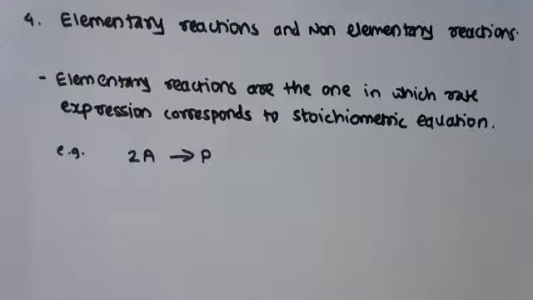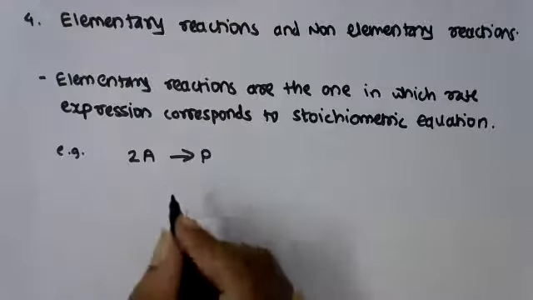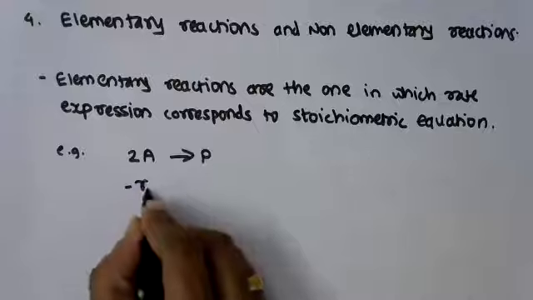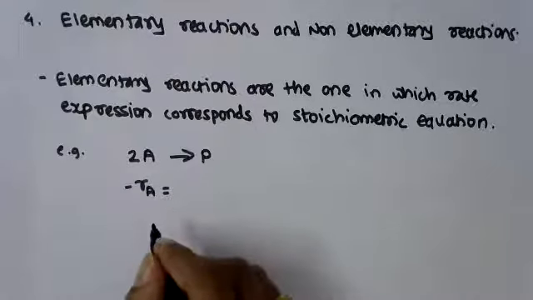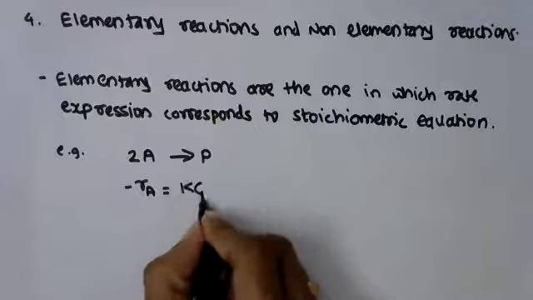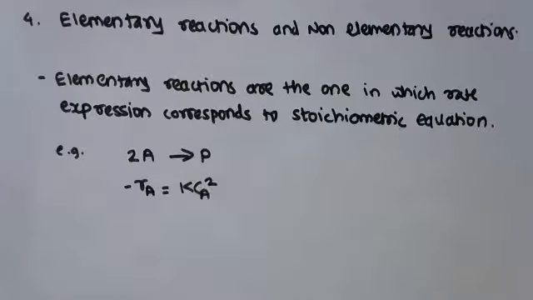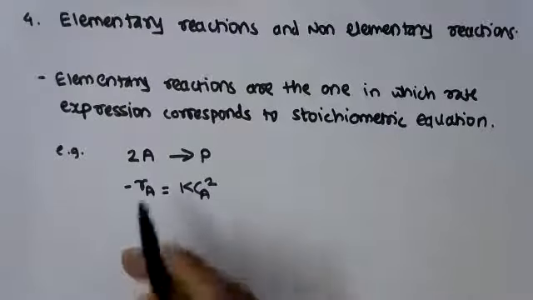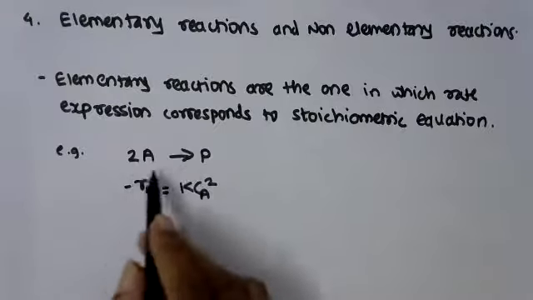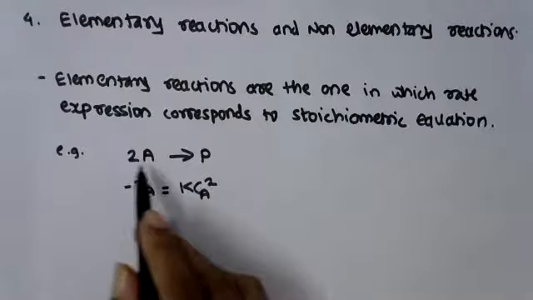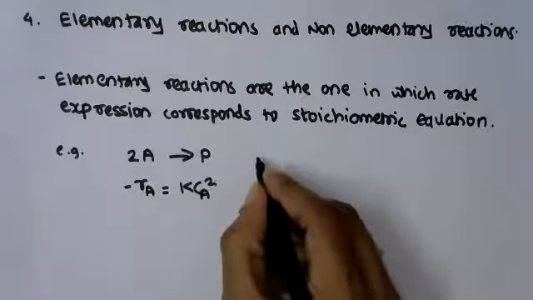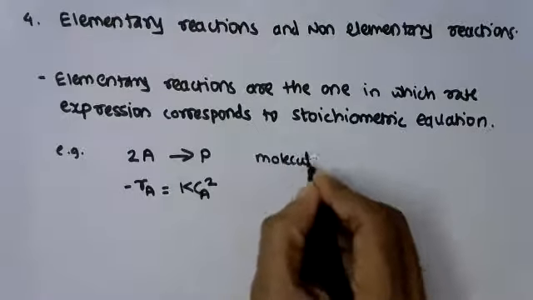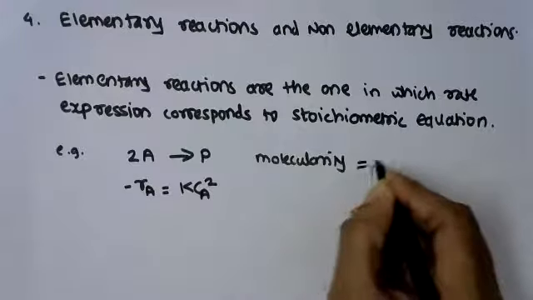So, if the rate expression is written as k C_A squared. Now, from this stoichiometric reaction, the number of atoms or molecules which participate in a reaction is 2, so molecularity is equal to 2.